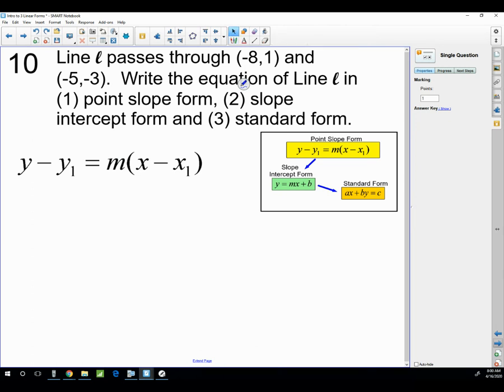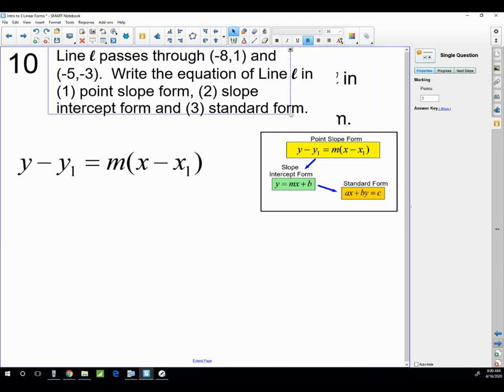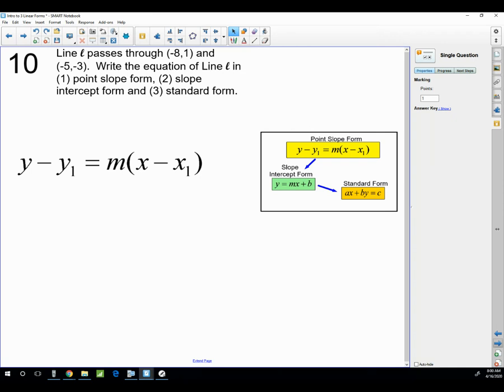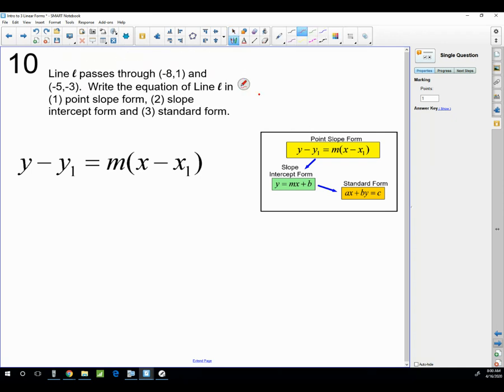Now, we actually have to do the slope first because of the information. We were given 2 points, so let's do the slope. M equals y2, that would be -3 minus y1 over x2 minus x1, which is -4 over 3. So that means this is -4/3, and then we'd go x.